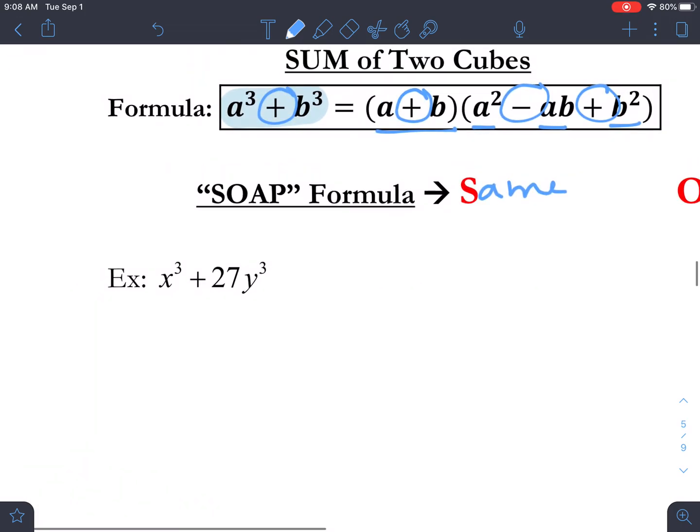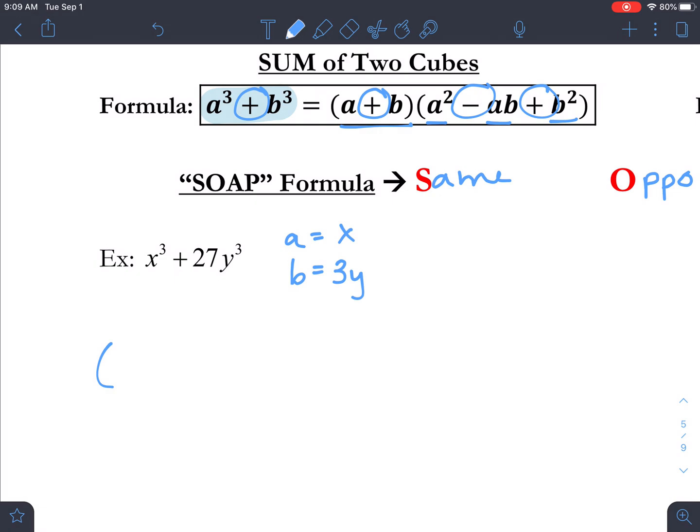So x cubed plus 27y cubed, both perfect cubes. And if you even want to write it this way, you could say, what's the cube roots? It would be x and 3y. So it's almost like you're doing this. Okay, so we're going to take those guys, we're going to put them in a parenthesis. We're going to use the same sign, that's this. Then we're going to square the first term, opposite sign.